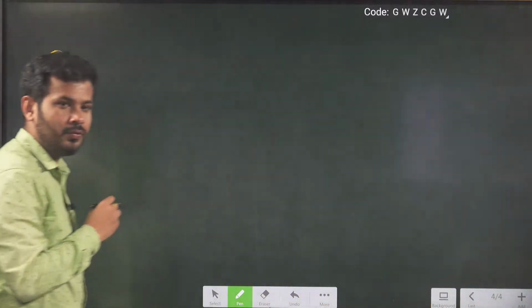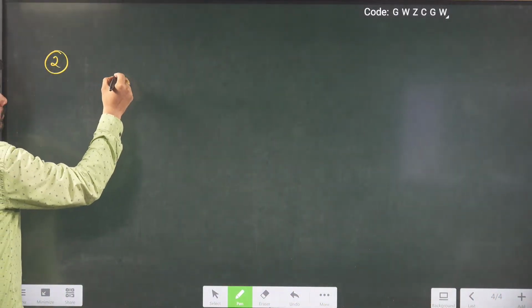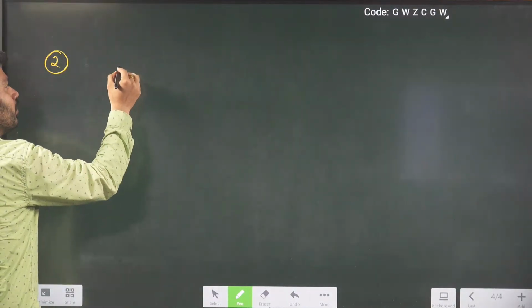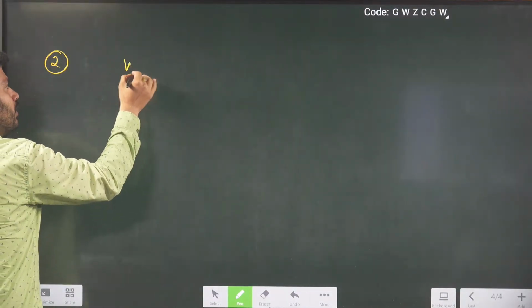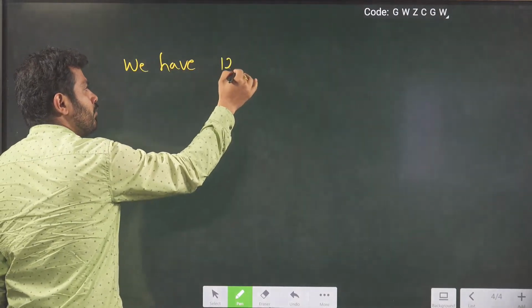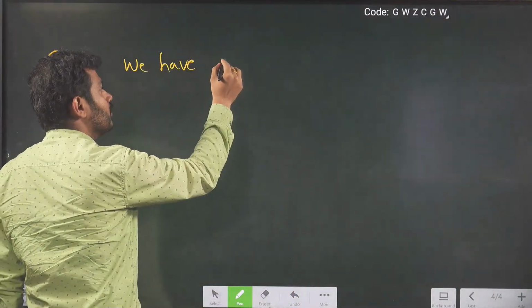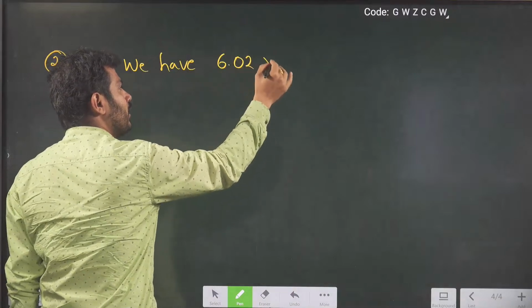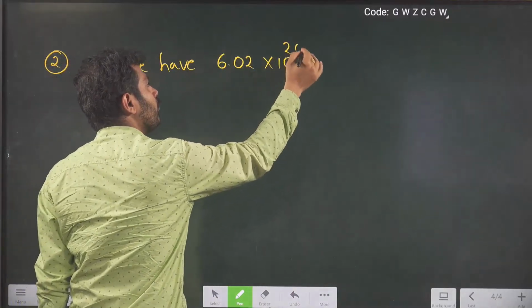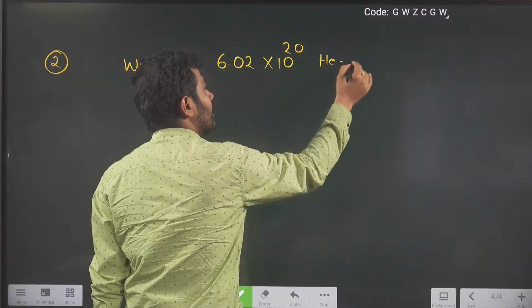The second question, you focus here. The second question is, we have 6.02 into 10 to the power of 20 helium atoms.